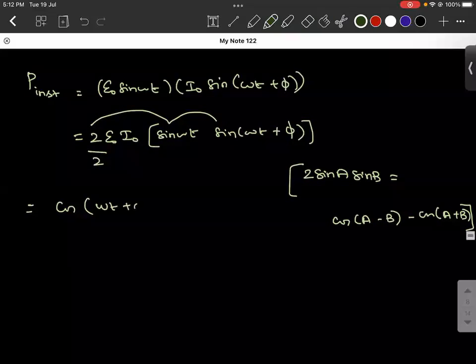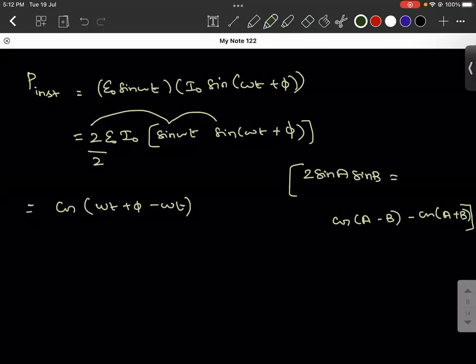So can I write A minus B as omega t plus phi minus omega t? When it comes to cos of A minus B, I can choose either of the angles to be A or B, because cos of minus theta is cos theta, in the fourth quadrant.